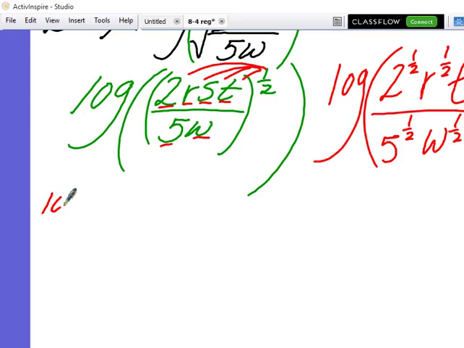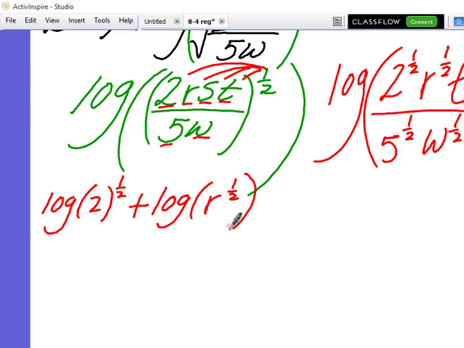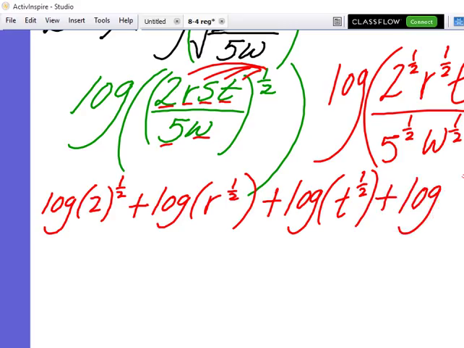So we have log of 2 to the 1/2 plus log of, and I could write it like this, r to the 1/2. This and this are the same thing. Everybody okay with that? Nobody confused? I put the 1/2 out of the parentheses and in, same thing, right? And then plus log of t to the 1/2, because it's on top, plus log of s to the 1/2.